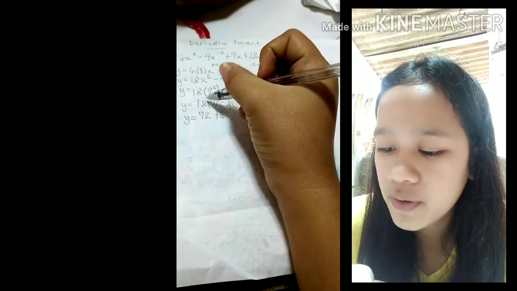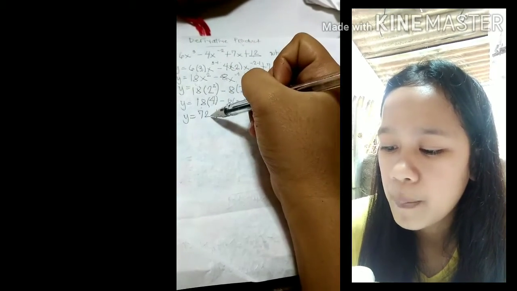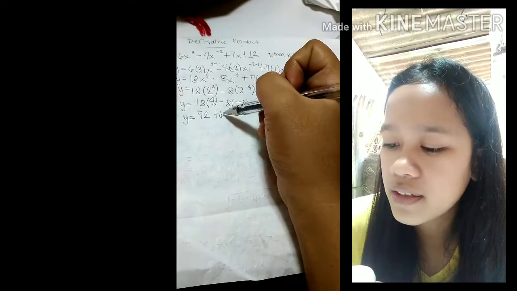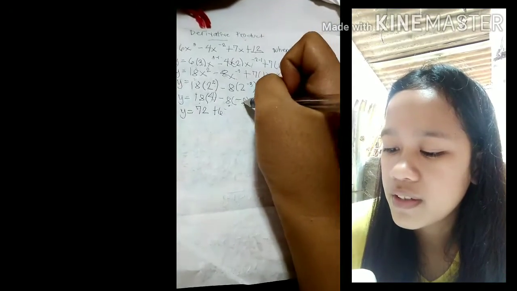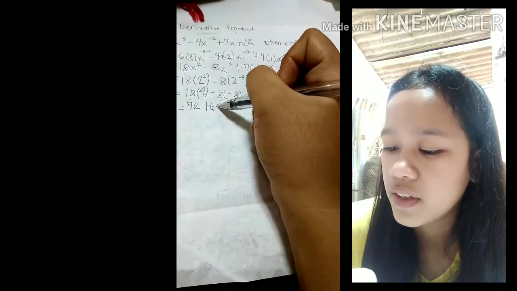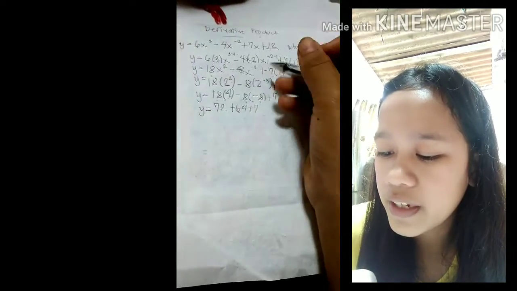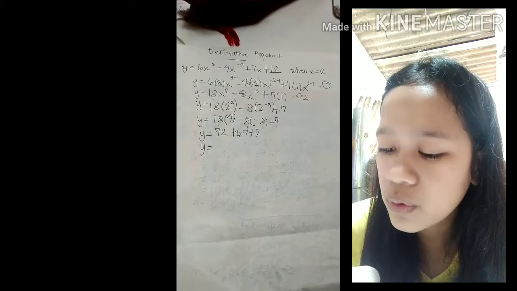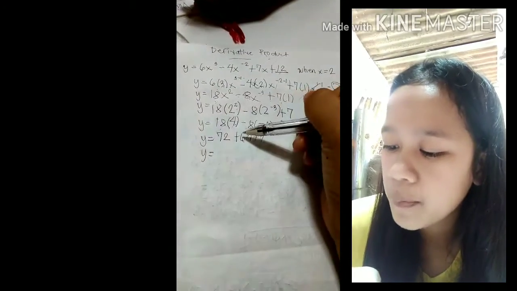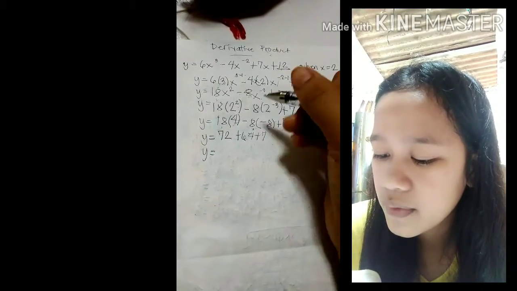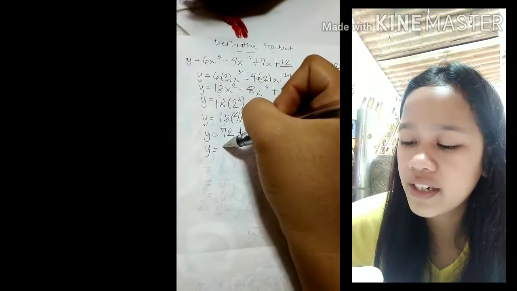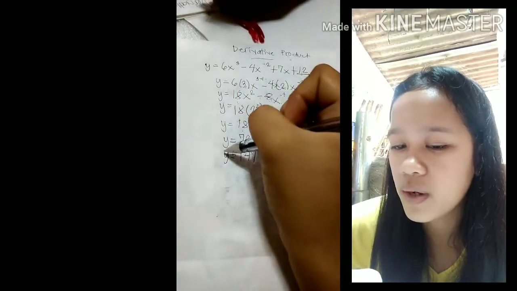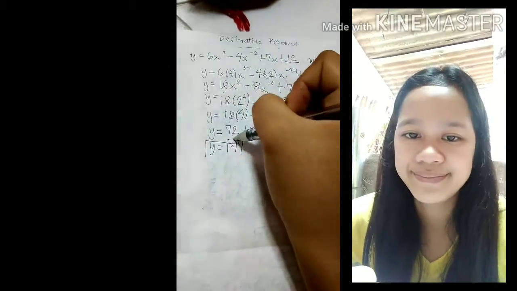So 18 times 4 is equal to 72, plus 18 times 8 equal to 64, plus 7. So lastly, we're going to add them up. 72 plus 64 plus 7 is 147. So the final answer is y equals 147.